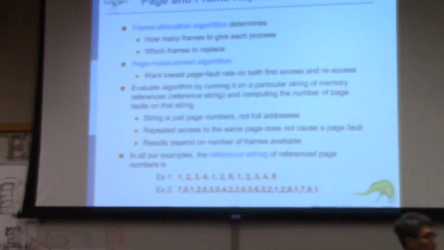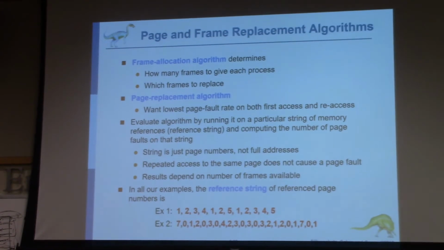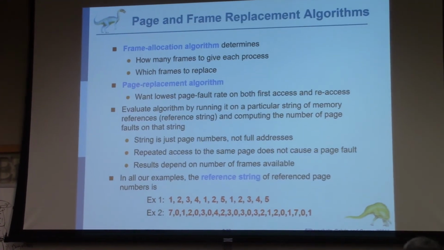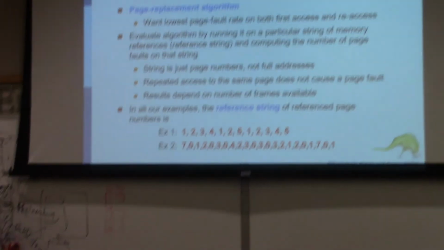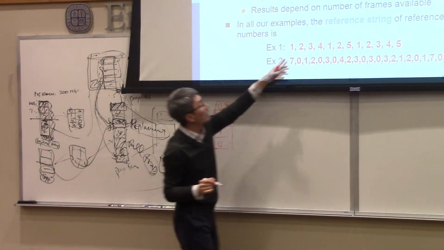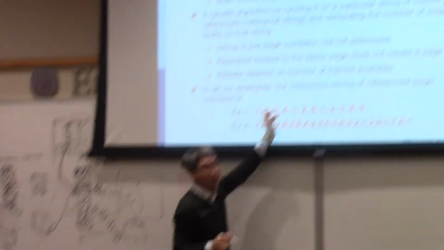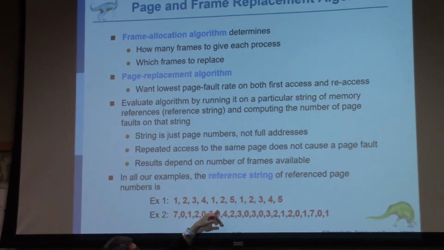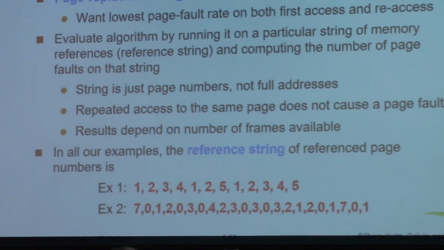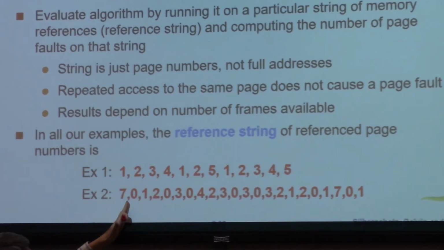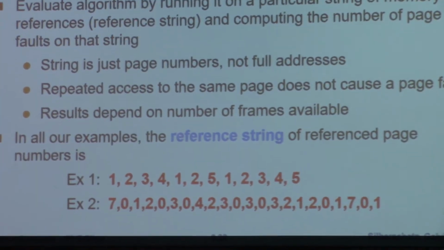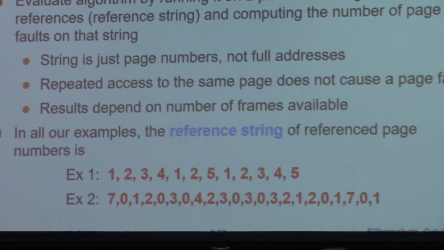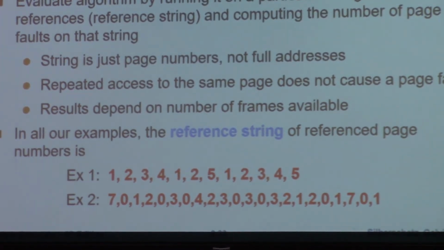This is called the reference string, which means the CPU first needs page number 1, next needs page number 2, page 3, page 4, page 1 again, 2, and so on. This is another example, it needs 7. We are going to use two sets of reference strings to simulate such a page replacement algorithm.